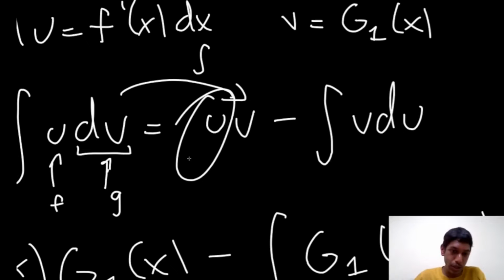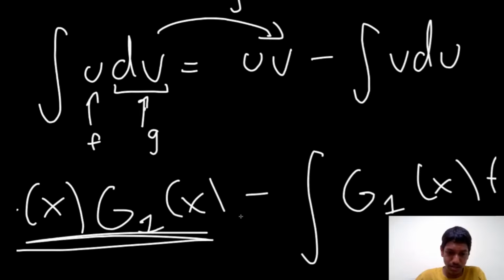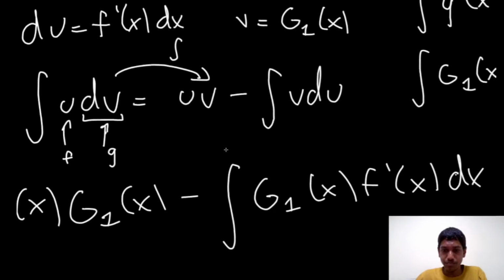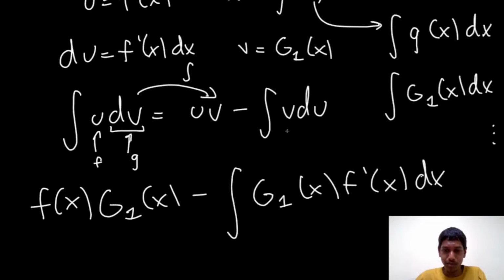But the u we left alone. So that's what this is here. But then over here, we have a different story where both of them have been touched. We had to integrate to get to v, and then we also differentiated u because there's actually an f prime inside du, right?